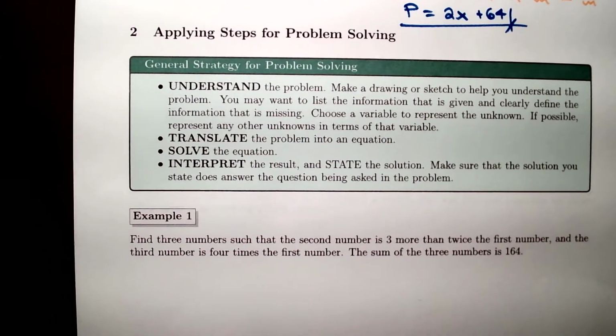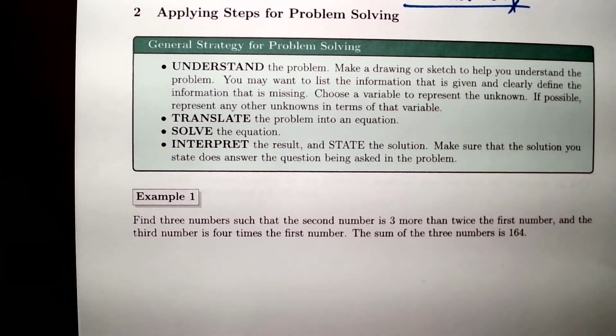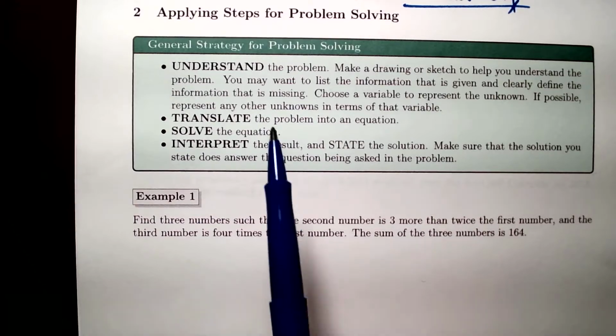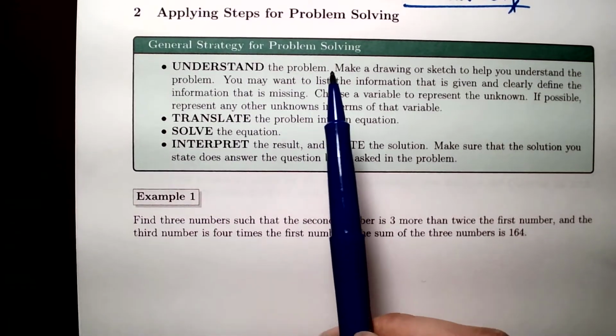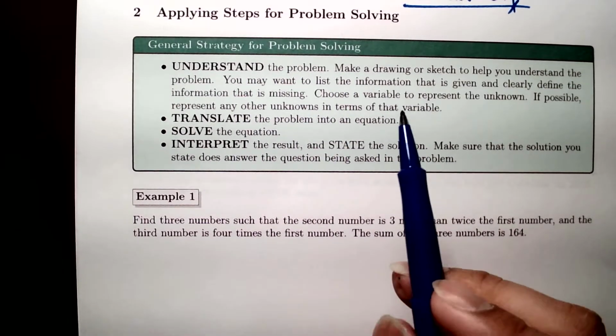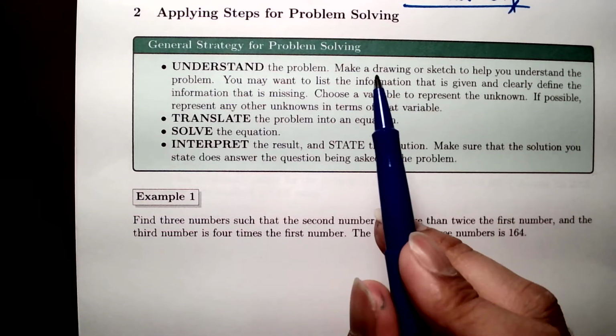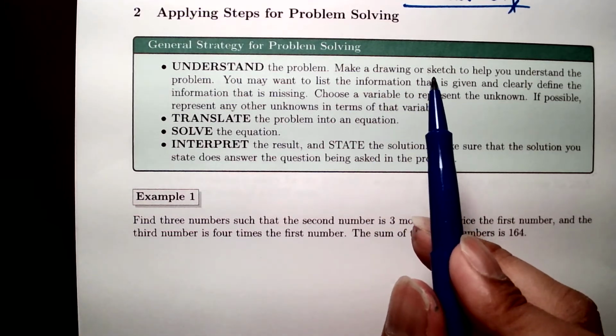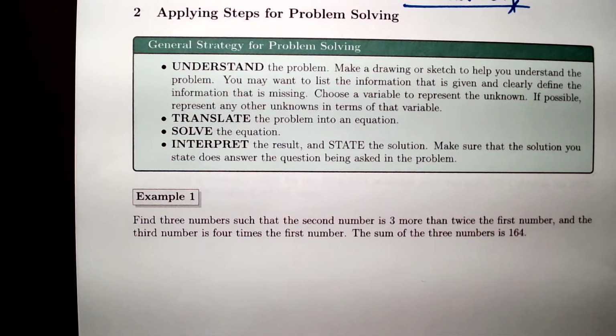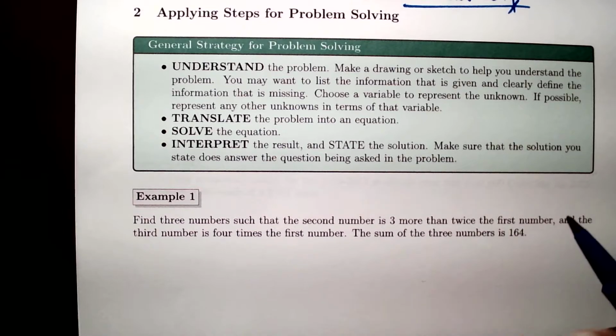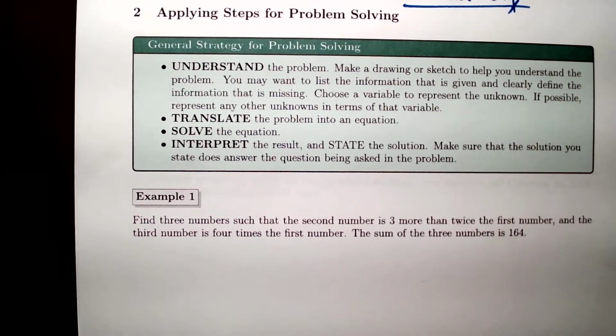All right, applying the steps for problem solving. Every time we have a word problem, the first thing we do is understand the problem, and that may require a drawing, a sketch, or something to help us understand it. That way we can label the quantities that we have, the ones that we don't have, and the ones that we are being asked to find.